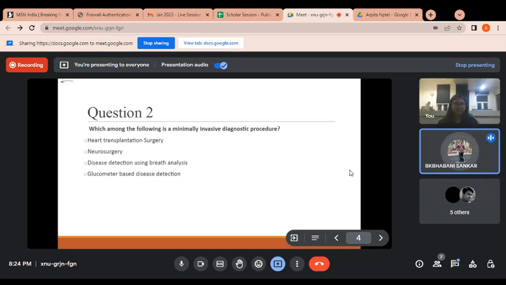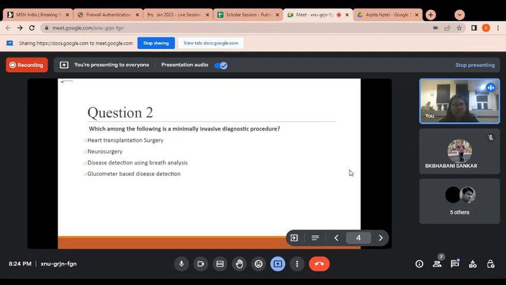Option D. Why? Because at first tell me what is the minimally invasive diagnostic, because already I have told you what is minimally invasive, what is invasive, and what is non-invasive.